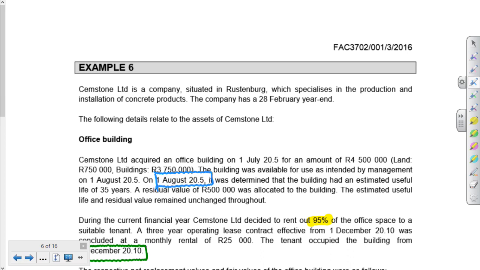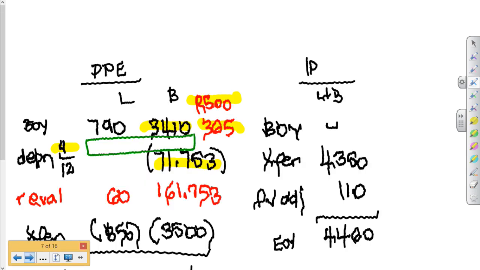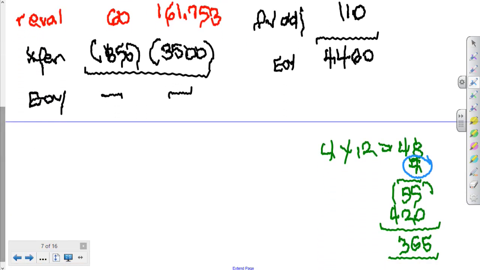So from the 1st of August: August, September, October, November, December, January, February. I keep leaving out months. That is 7 months. There were 7 months in the first year, and that would have got us to February 06.